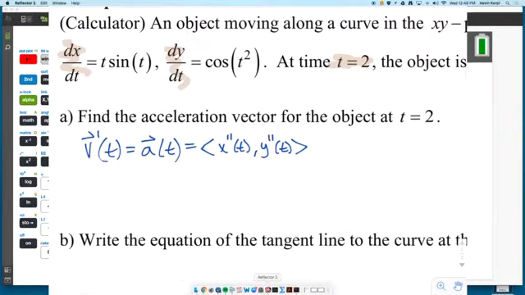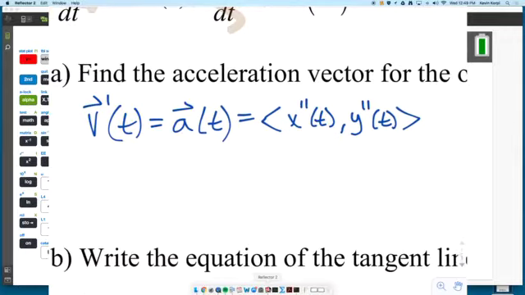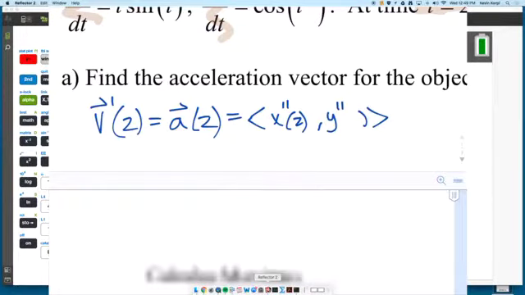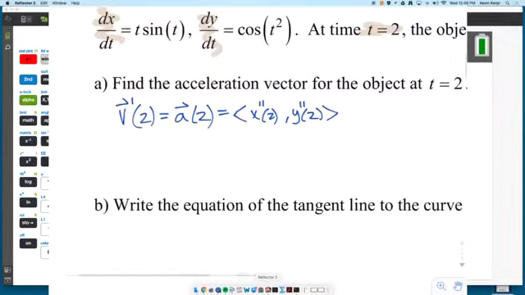Now that I've done that, I can actually plug in a 2. So I can either rewrite it or, believe it or not, I can do this. I can just change all those t's to 2's. Because I'm doing this on the calculator, I'm not actually going to be finding the derivative equation and then plugging in. So it saves a little bit of writing.